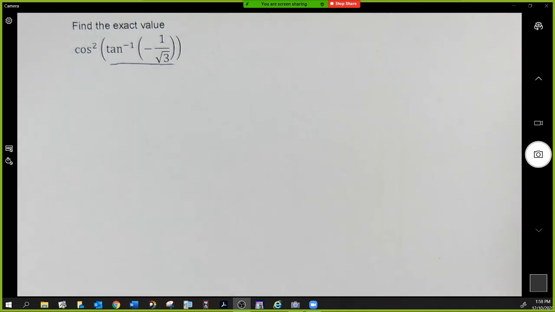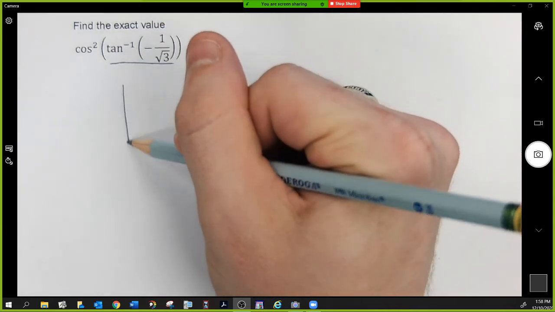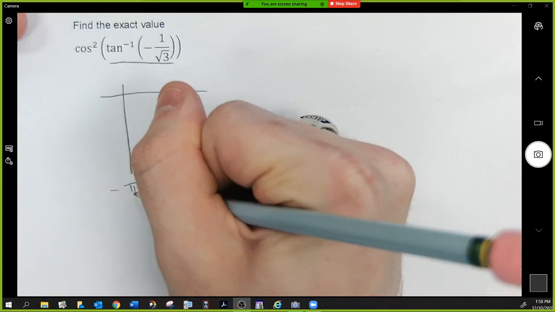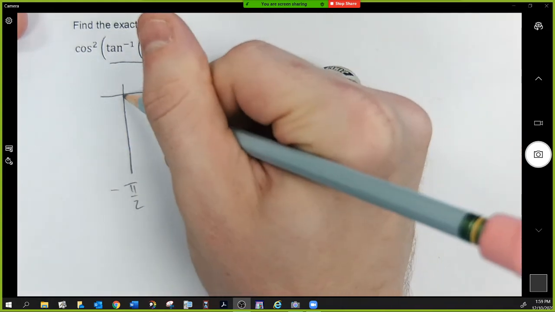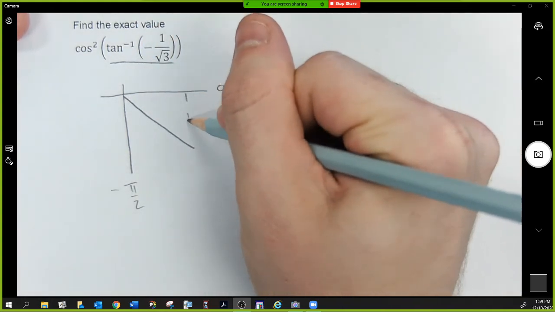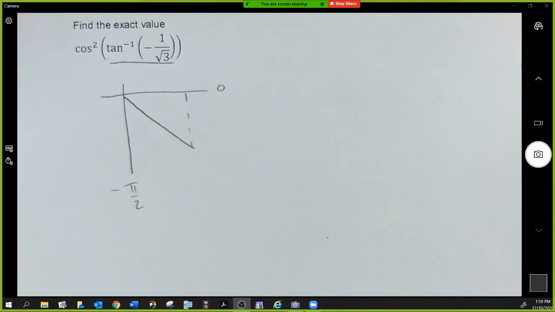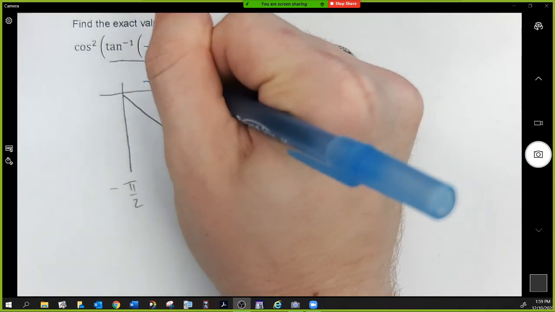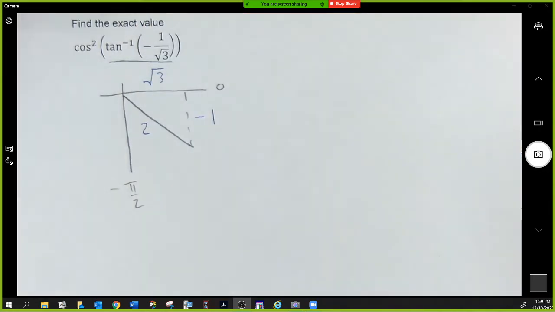This must be in quadrant -1. Tangent is y over x. Well, the y's here are negative, so this must be the -1, and this is a positive root 3. Then that's a standard 2.